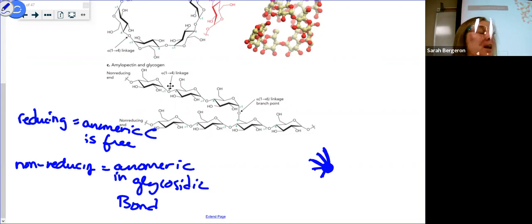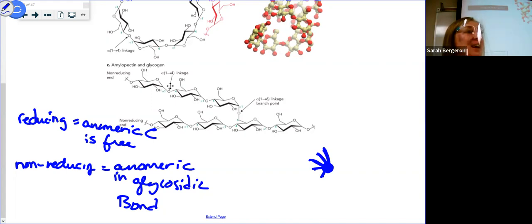So think about a plant. Is a plant going to really need a huge excess of sugar really quickly? Are they running anywhere? They're not running. But what about us? Yes, we are going to need a much higher increase.